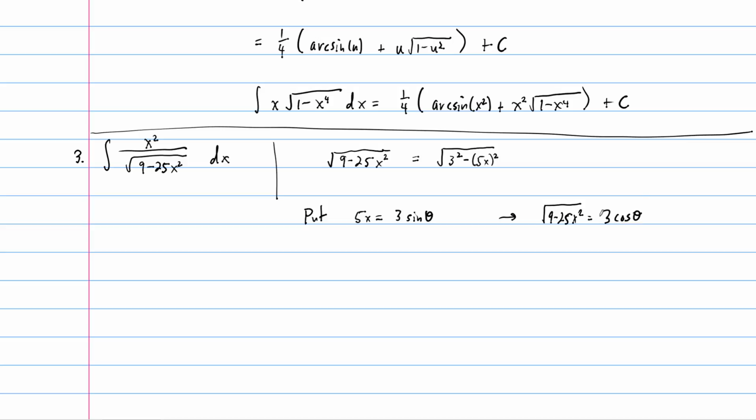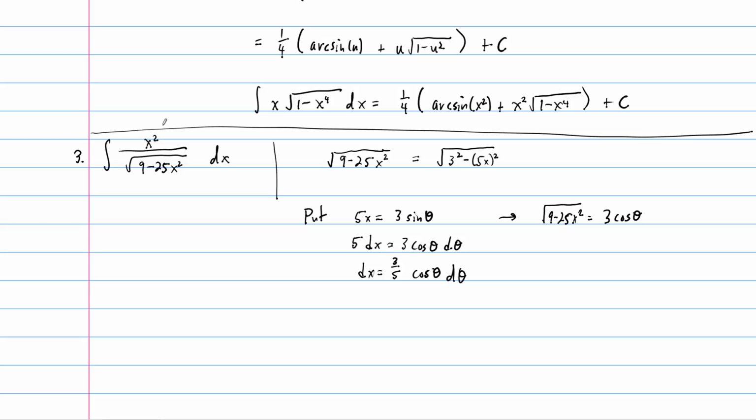So that'll be nice. And then for dx, what do we get? When we take the derivative, don't forget about that 5, we get 5 dx equal to 3 cosine theta d theta. And so dx is going to be 3/5 cosine of theta d theta.